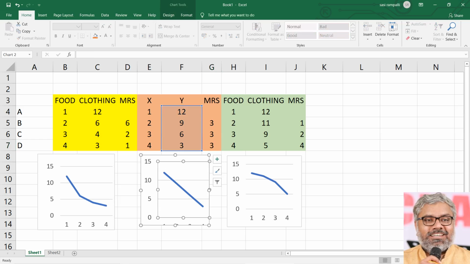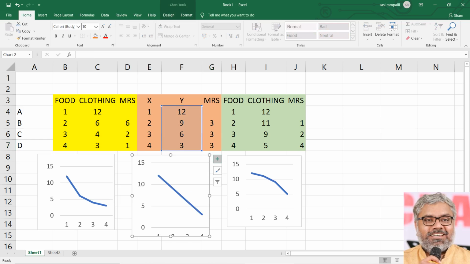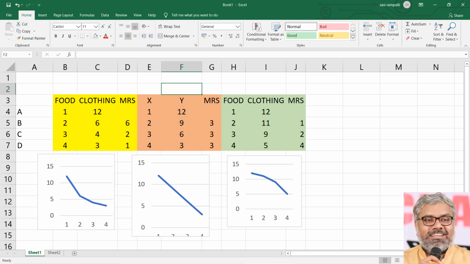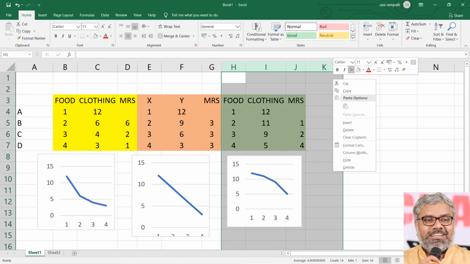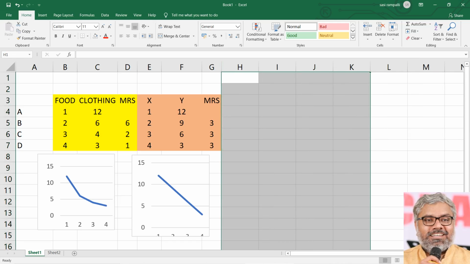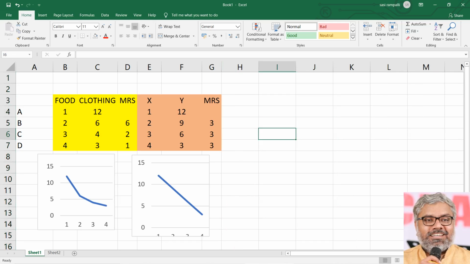Then the indifference curve will be a straight line like this, only when the goods are perfect substitutes. That can be looked at here. This situation, the third situation, is not going to happen. That is generally against common consumer behavior.